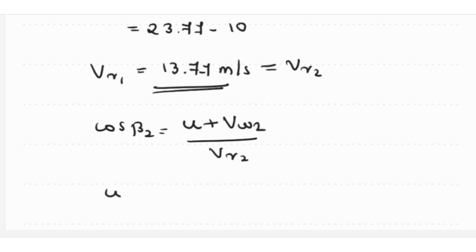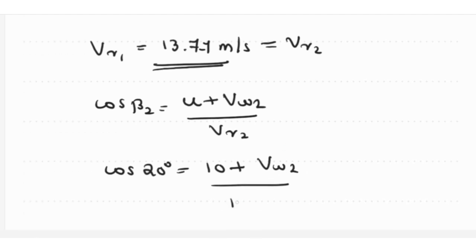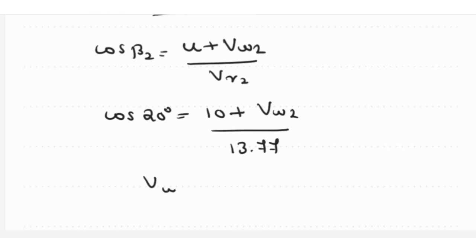So that is cos of 20 degree is equal to u, which is 10, plus vw2, divided by vr2, which is 13.77. We should calculate the unknown vw2. So we'll get the value of vw2 is equal to 2.94 meter per second.